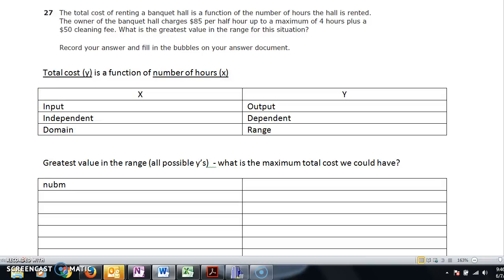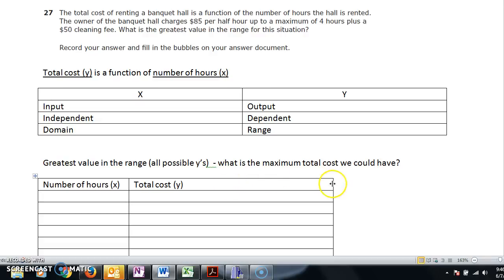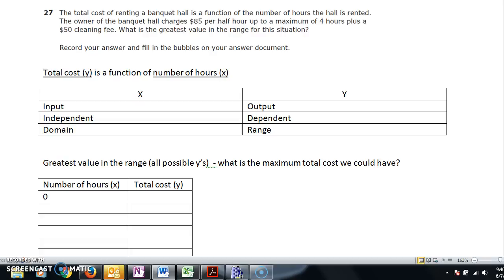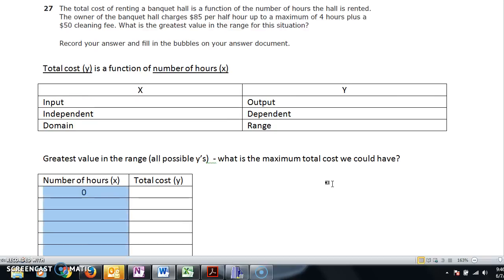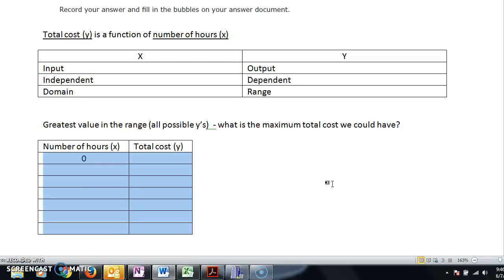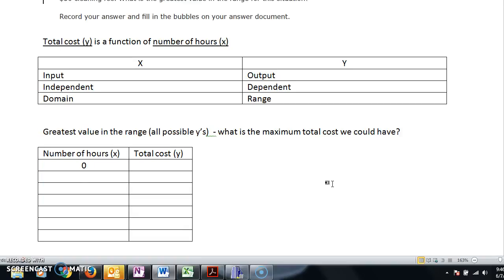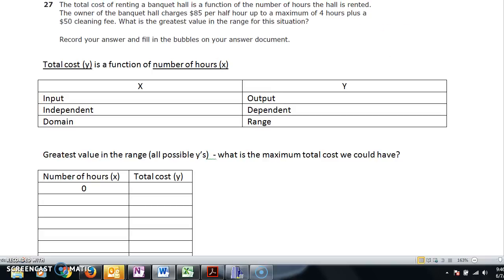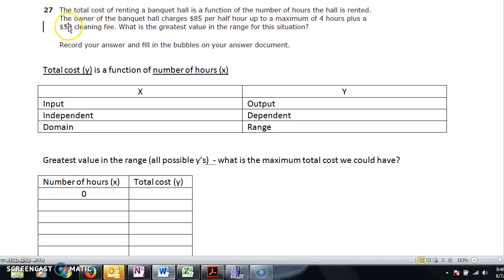Number of hours, that's our X. Total cost, that's our Y. If I rent for 0 hours, I'm going to have to pay at least this $50 cleaning fee. So at the very least I pay that.